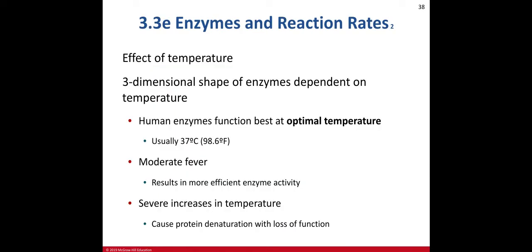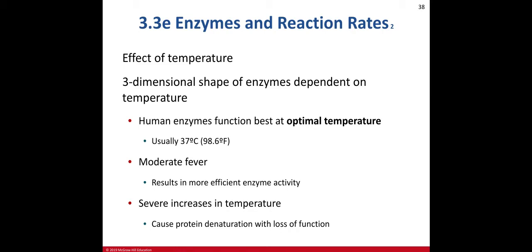We can also speed up the reaction if we change the temperature. We want to be careful though, because enzymes are proteins. So we've got this three-dimensional shape that is dependent on temperature. Most human enzymes are going to function best at body temperature, like 98.6 degrees Fahrenheit, 37 degrees Celsius. Some will work a little bit better with a slight fever, right?